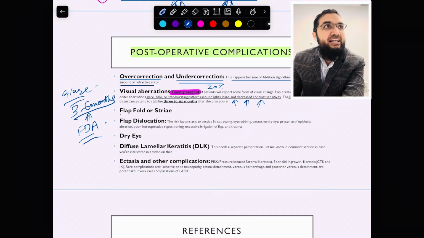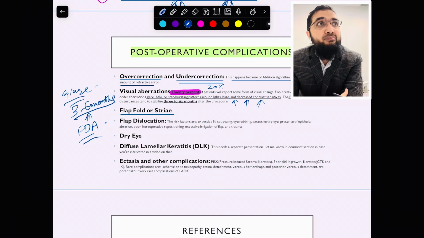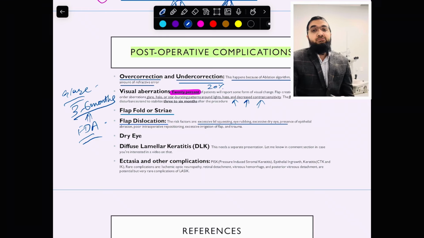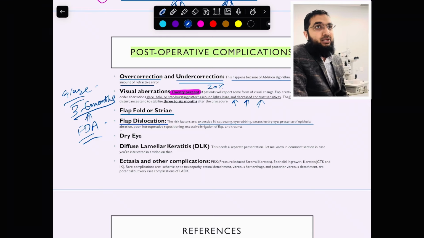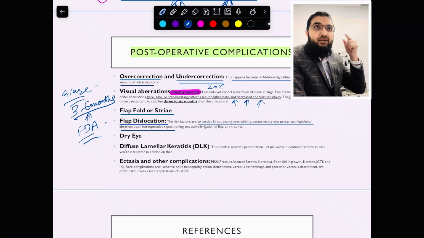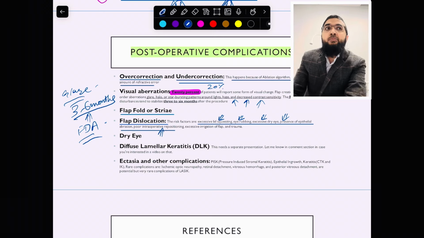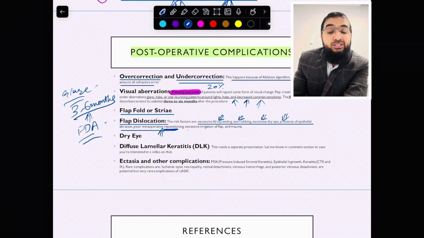Keep them informed. Sometimes the flap itself gets some folds or striae. The flap can also dislocate. The risk factors for dislocation of the flap are excessive lid squeezing, so don't squeeze your lids after the surgery, eye rubbing, excessive dry eyes, presence of epithelial abrasion, and poor intraoperative repositioning.